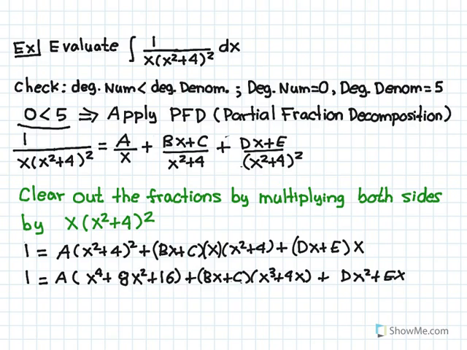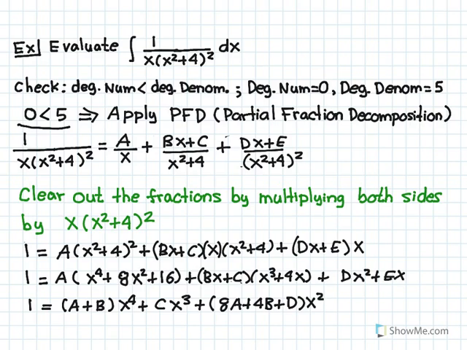If we rearrange this so that we have all the powers of x to the fourth together, all the powers of x cubed, x squared, x, and a constant term, we will obtain 1 is equal to a plus b times x to the fourth plus cx cubed plus 8a plus 4b plus d times x squared plus 4c plus e times x plus 16a.